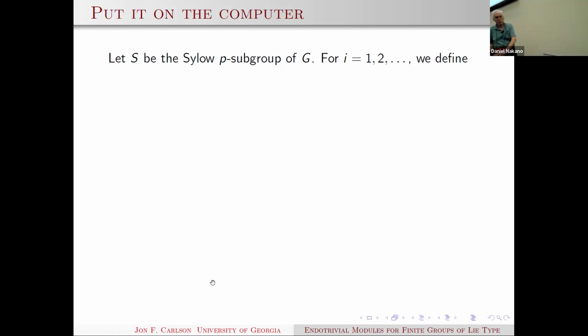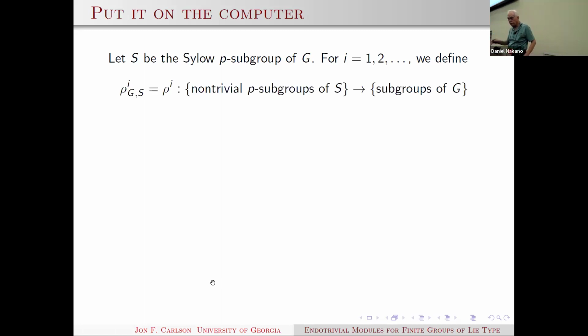I don't know if you all can see this. If you've got a Sylow subgroup S for G, then we can define a set of functions, actually. As I say, Paul sort of encouraged me to put this on the computer because he knew I did this with Magma, and so I did it.